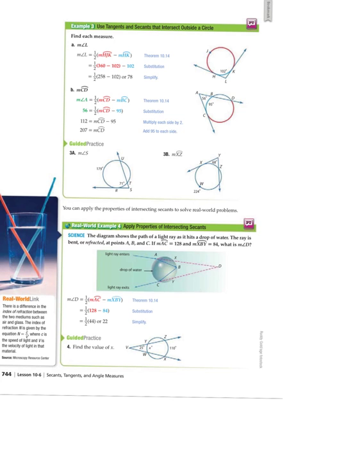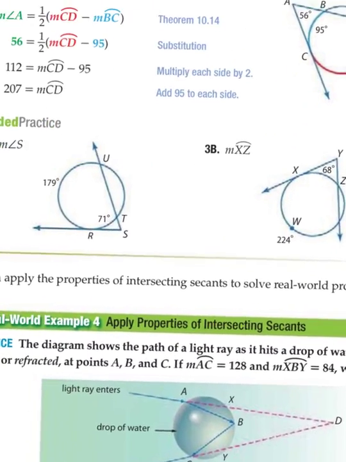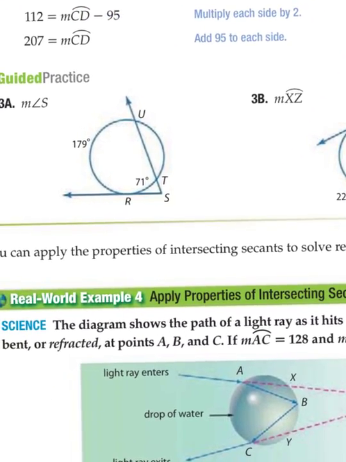Let's make this a little bigger. I'm to find the measure of angle S. Angle S is made by the intersection of the two rays that are a tangent and a secant.